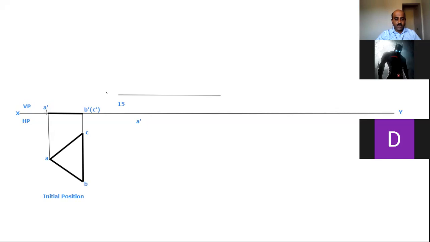Set the radius equal to A dash and B dash from the front view. Now, with A as a center, and the radius equal to A dash and B dash, you draw an arc.